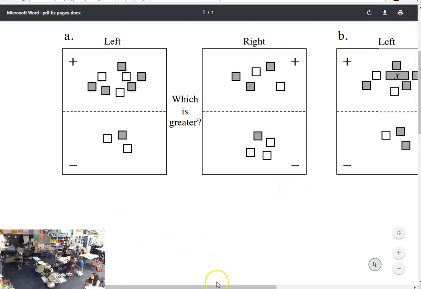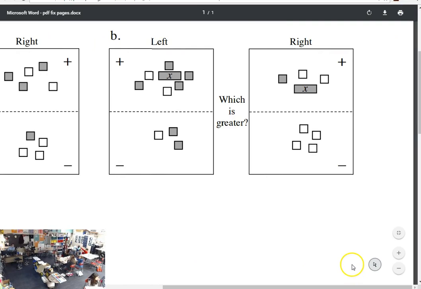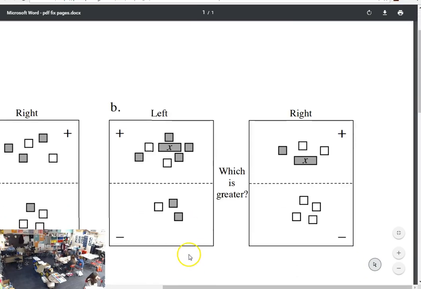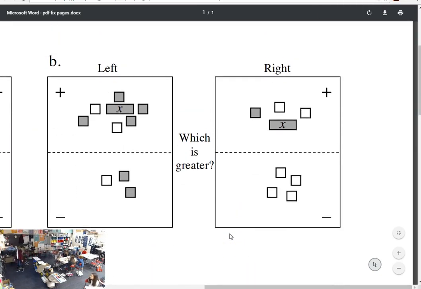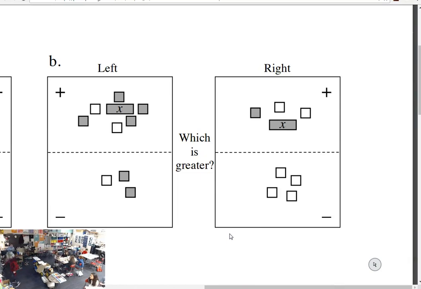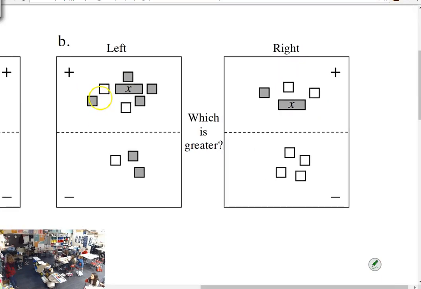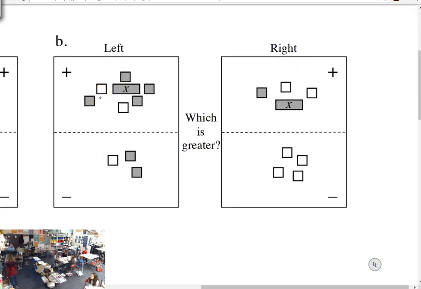Anyone want to come up and do B? Zoom in. There we go. Can't see that well. You can use multiple colors too. Except don't use green. The pen sensor is broken.